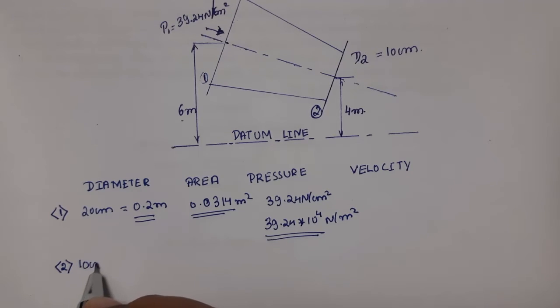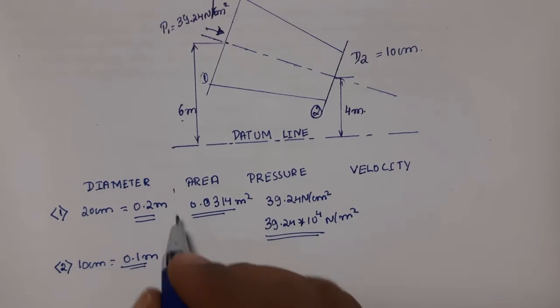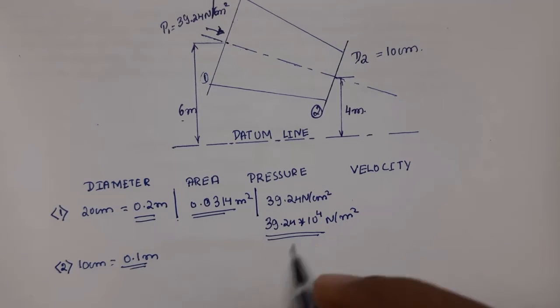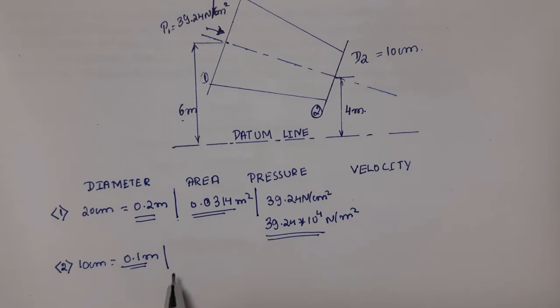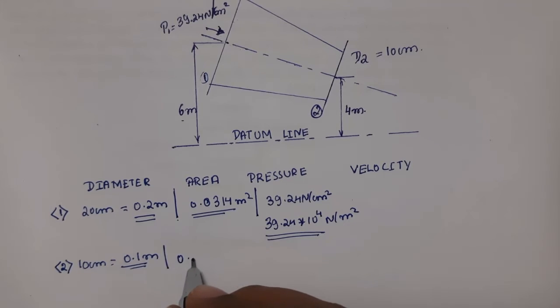Now at section 2, diameter is 10 centimeter, which is 0.1 meter. The area of this section is nothing but pi by 4 into 0.1 square. So that will be equal to 0.00785 meters square.